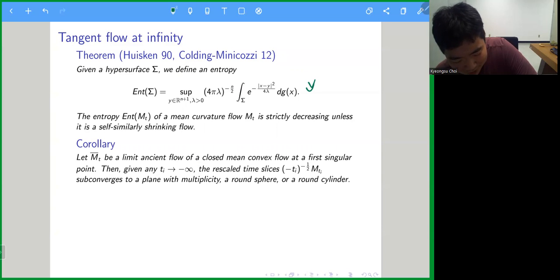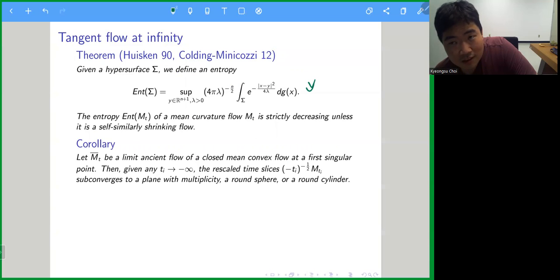What I want to tell you about the entropy is that it is invariant under rescaling, dilation, translation and rotations. So entropy is invariant under rigid motion and dilations.